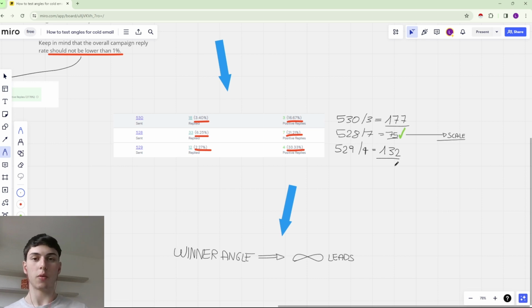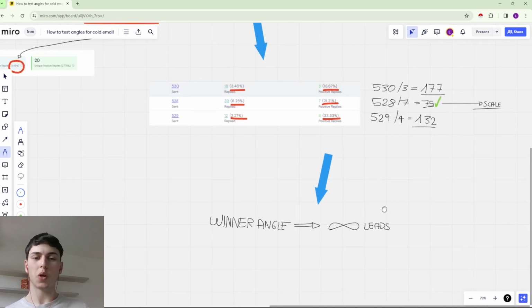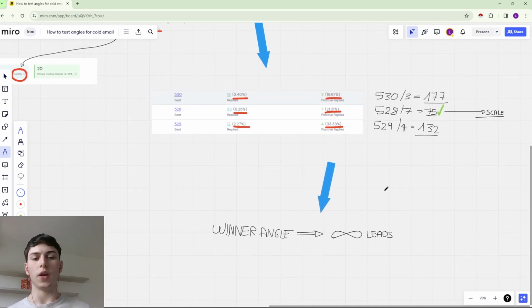So that's why I recommend you to always keep split testing things, even if you found an angle that is working extremely well. So essentially, here what you want to do is once a week, twice a week, or once a month, depending on how large your total addressable market is, depending on how many emails you're sending, especially. This mostly depends on the volume that you're sending.